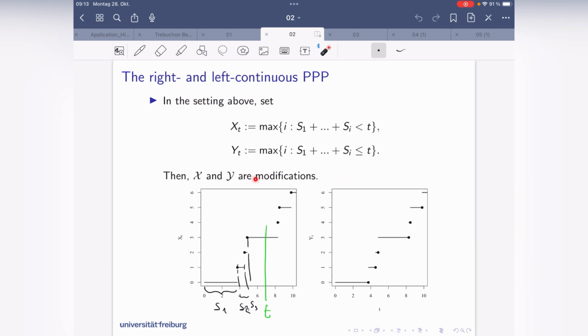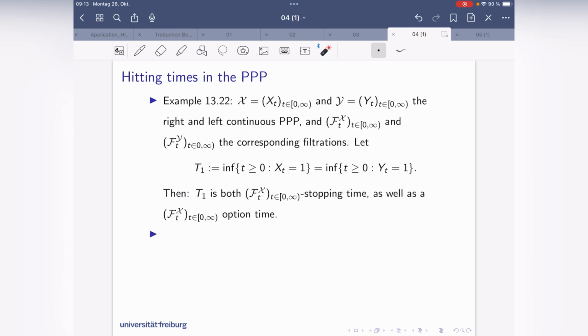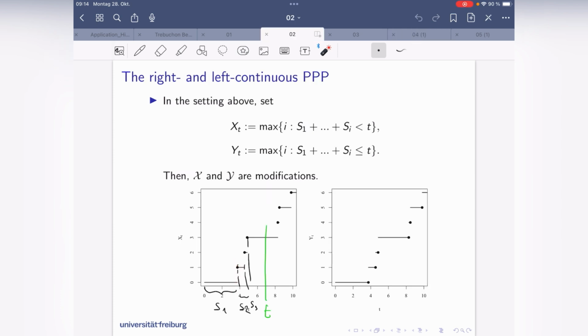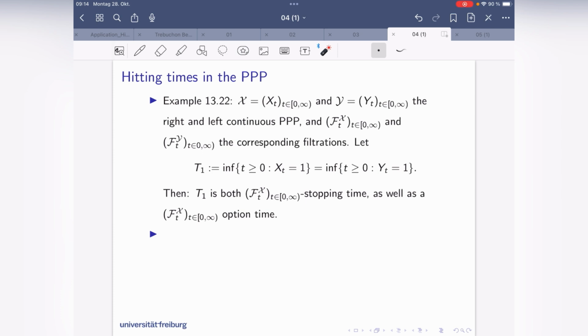So that was left continuous, and that here was right continuous, which were called X and Y. And for example, we have the stopping time, the first time where Xt equals 1. And it doesn't matter if it's Xt or Yt, because as you see here, the times are just the same. It's just the value at that time is either 1 or 0. But I claim T1 is an FtX stopping time for the right continuous version, and also an optional time, but it's a bit different for the left continuous Poisson point process.